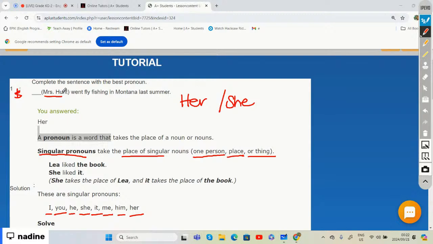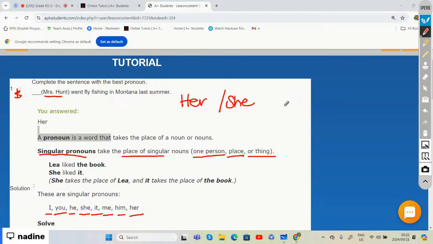If we were to replace Mrs. Hunt, do we say her went fly fishing or she went fly fishing? Which one is correct? All right.